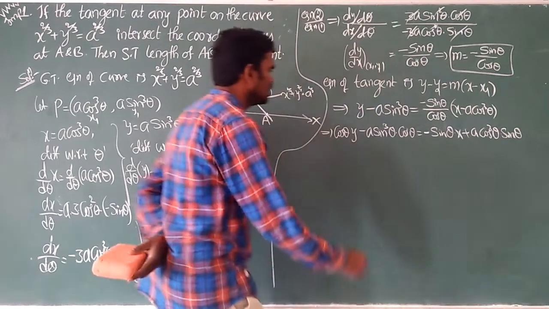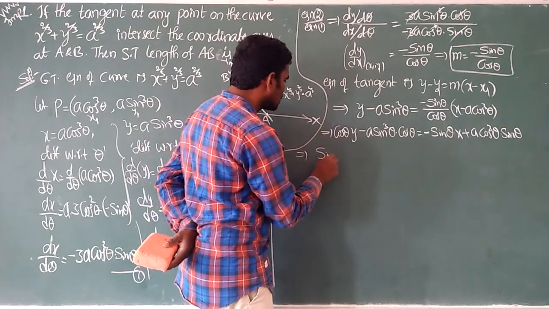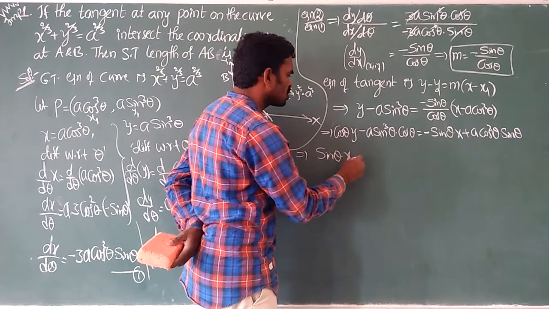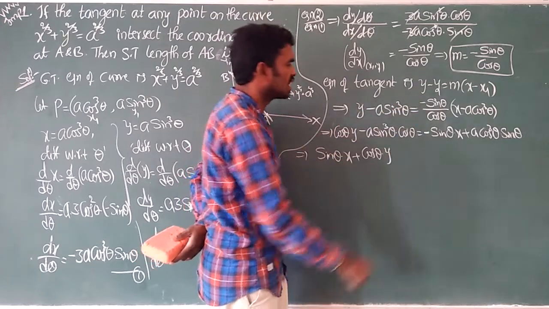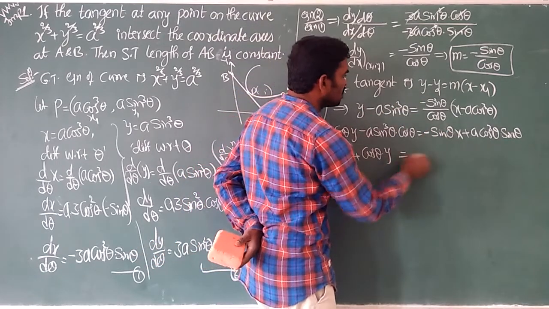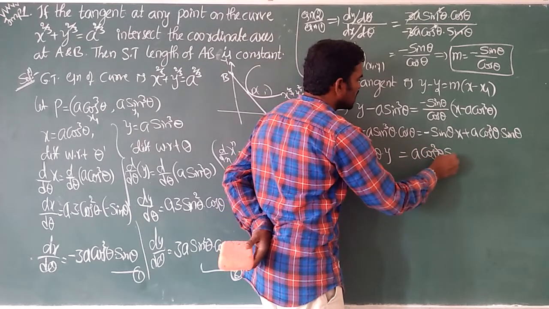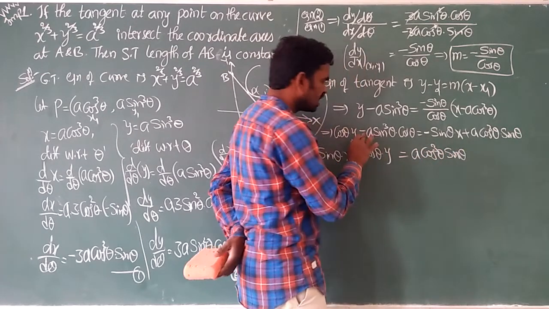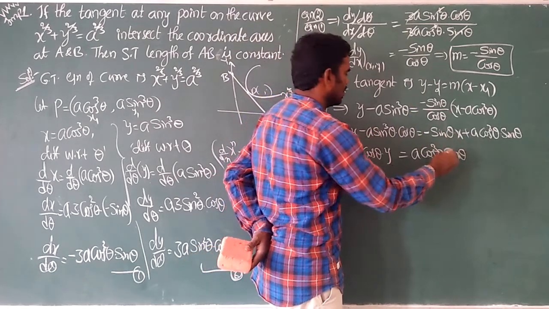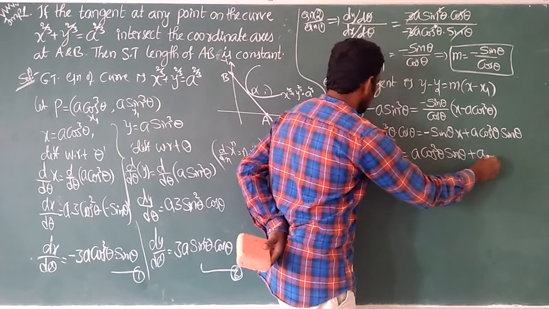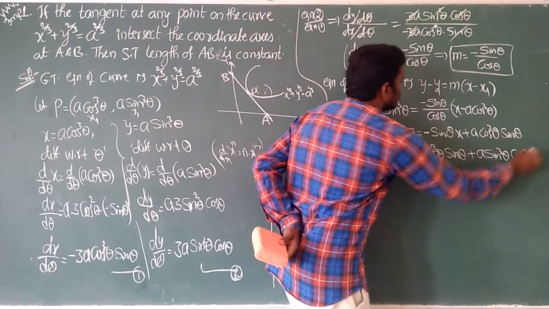Okay, bring this minus sin theta x to the left side, so it becomes plus sin theta into x, and cos theta into y, right, as it is, cos theta into y. And on the right side, after the equals, what is there? A cos cube theta into sin theta is there. Write it down as it is. And this left side term moved to the right side becomes plus a sin cube theta into cos theta.